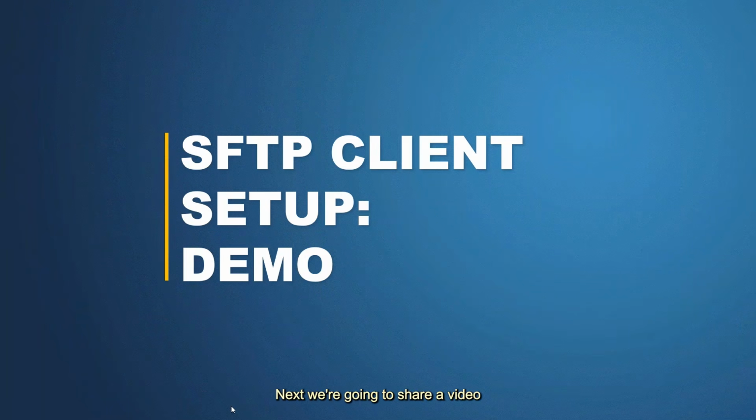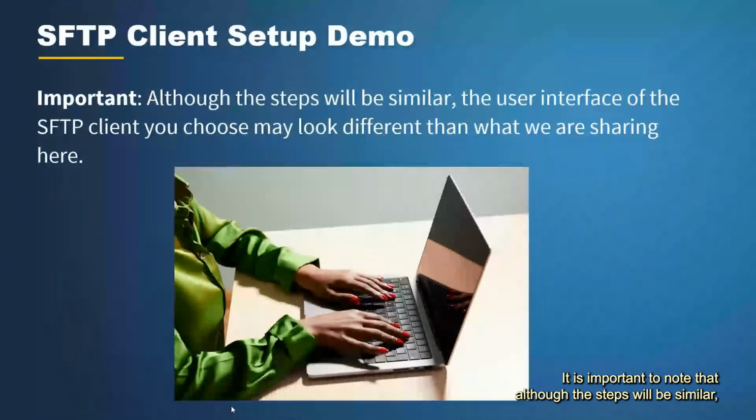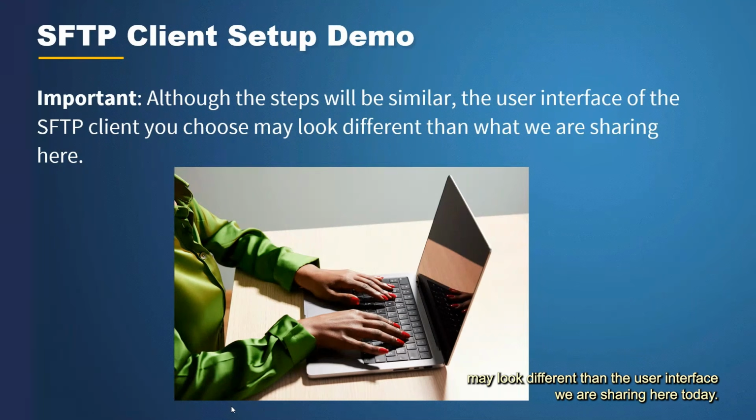Next, we're going to share a video demo of what we just reviewed. It is important to note that although the steps will be similar, the user interface of the SFTP client you choose may look different than the user interface we are sharing here today.